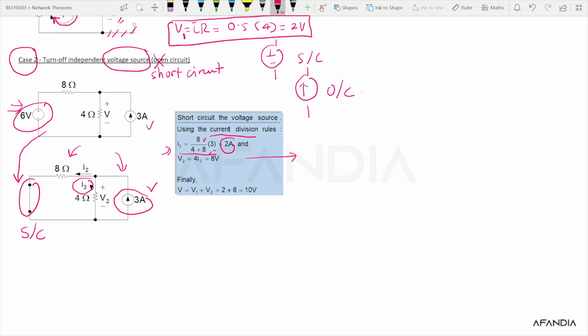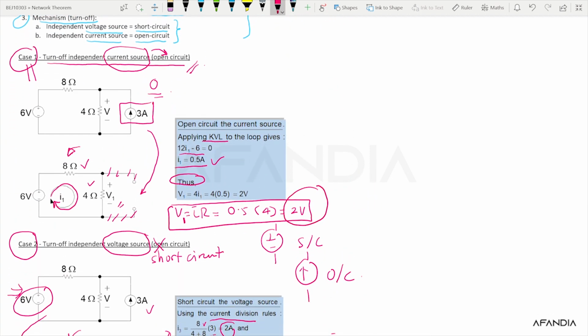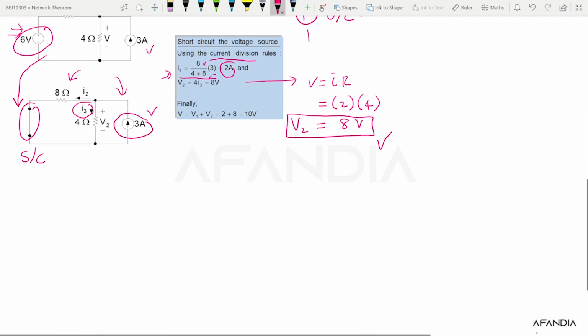Then, because V equals IR, your current just now is 2 and your R is 4, so you have 4 volt for your V2. You see, just now what you have here is your V1 and here is your V2.